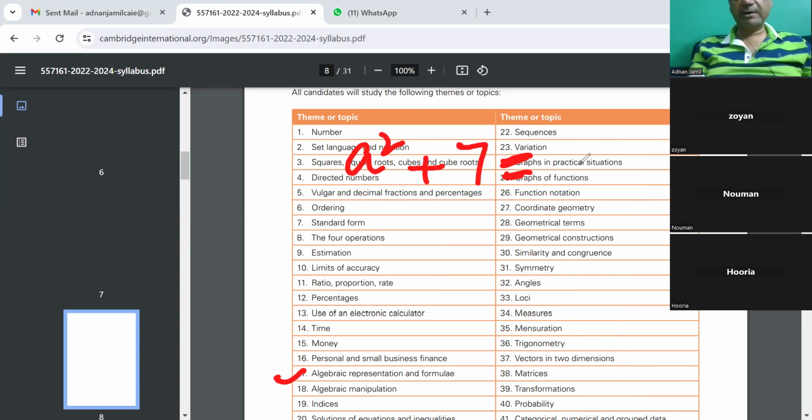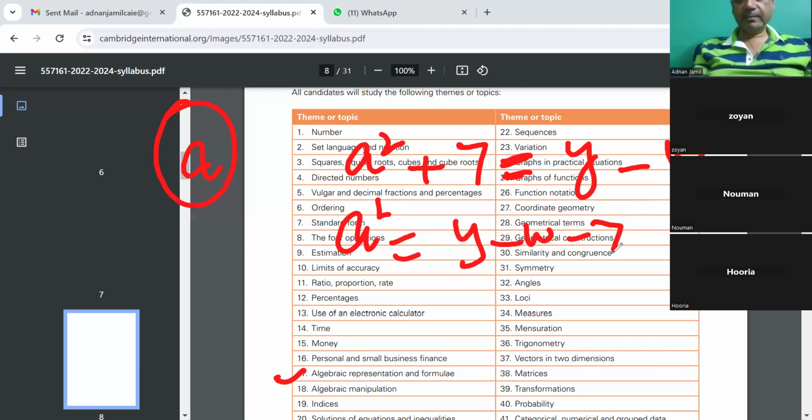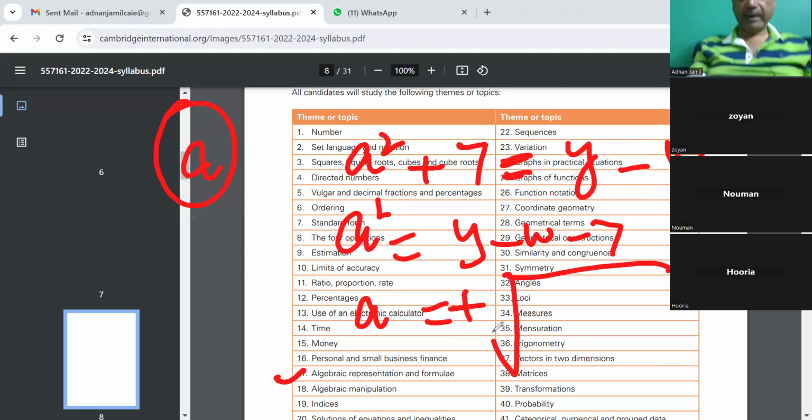So for example, a squared plus 7 is given as y minus w, and you have to make a the subject. What I'm going to do is shift everything to the other side. This is a squared, right? So I'll take plus minus the square root of y minus w minus 7. And this is your subject of the formula. Which subject of the formula? a. We have made a the subject.